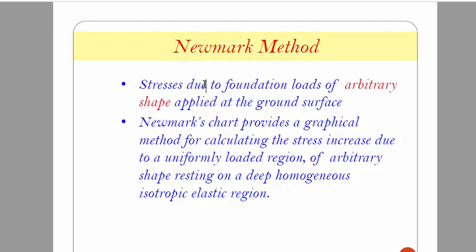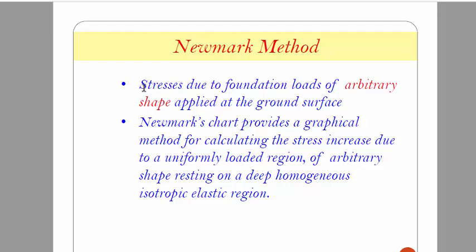The load is arbitrary, not in a specific shape. So how do we calculate the vertical stresses in that area? In that case you adopt Newmark's method. Using Newmark's chart, the area is counted and, according to that, we calculate the vertical stress.